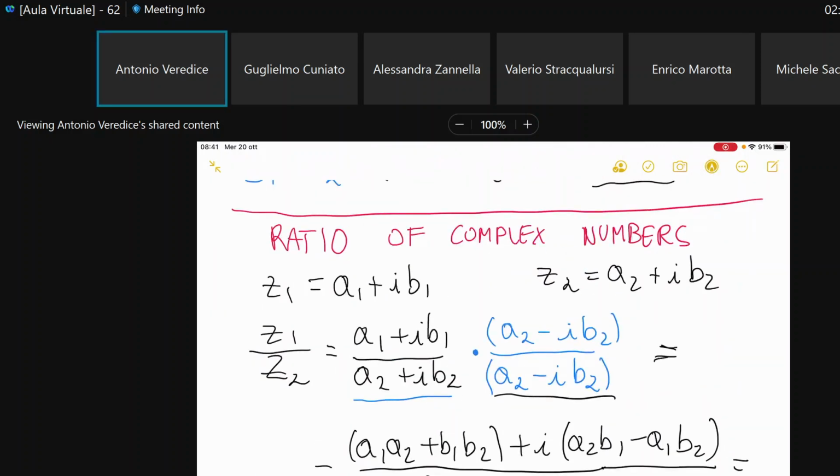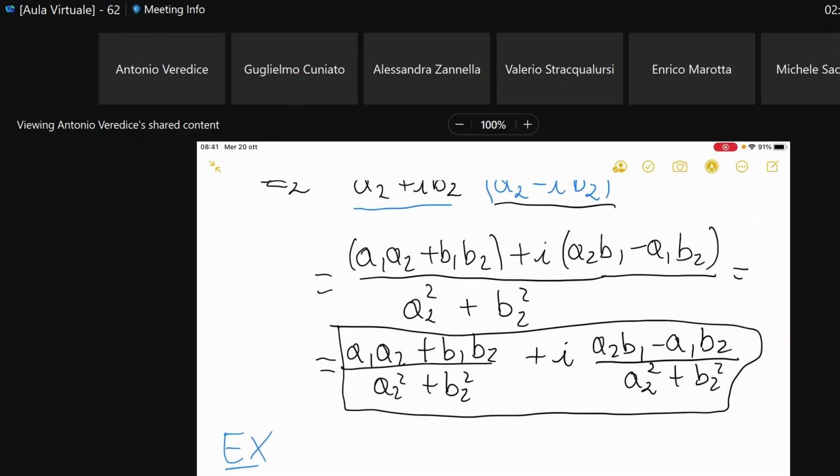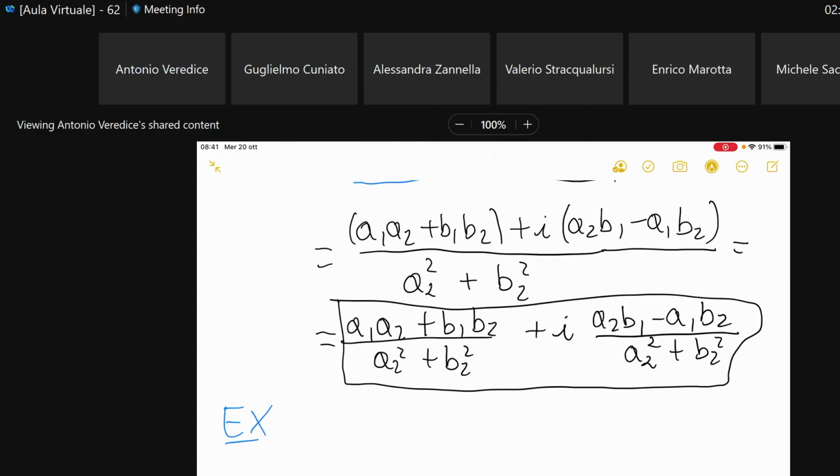I want you to compute this ratio, 1 plus I over 1 minus I, and also this other expression, (1 plus I) squared plus I over 1 plus I. So try it by yourself.